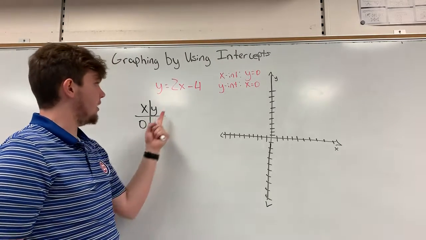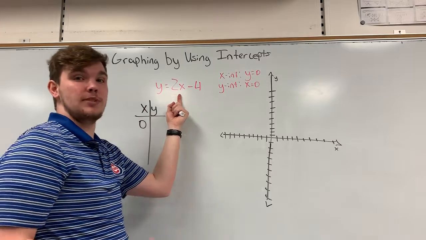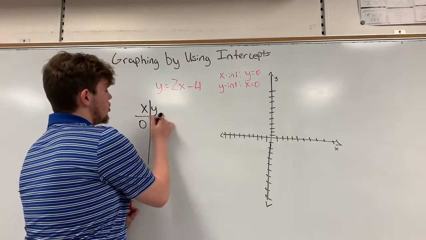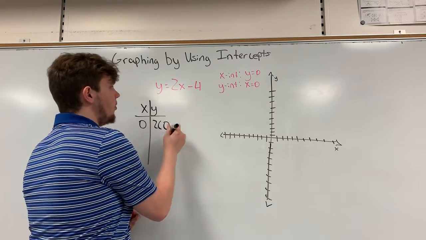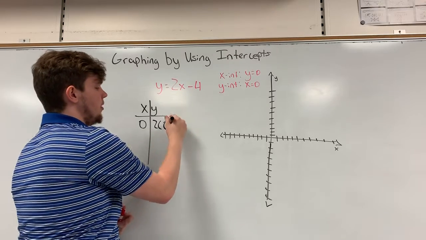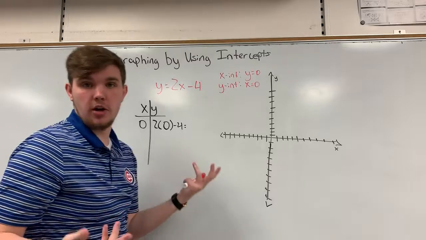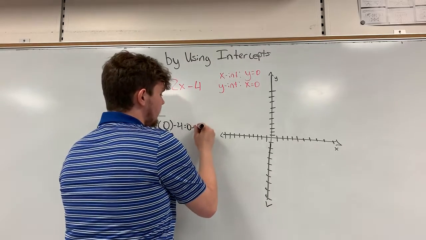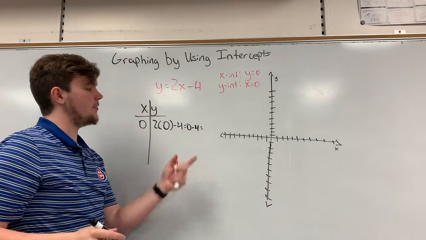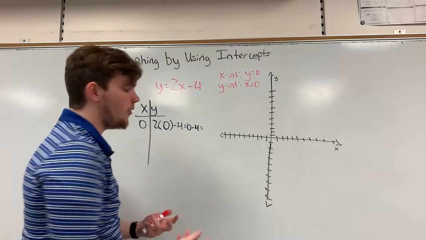I'm going to replace the x with 0. So 2 times 0 minus 4. Well, what's 2 times 0? Just 0, and then minus 4. What's 0 minus 4? Just negative 4.